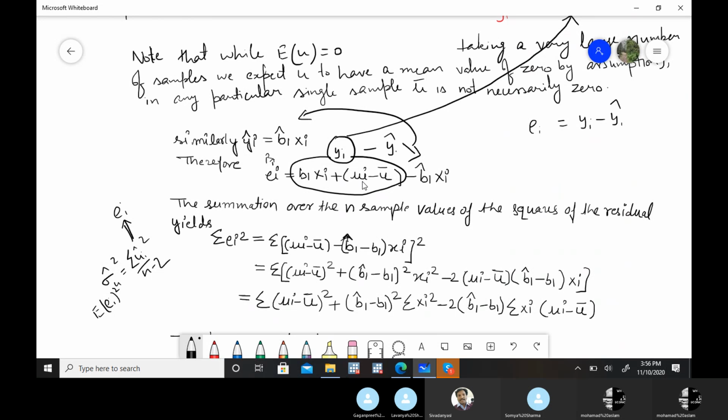If you sort out this equation, you can write it as ui minus u mean minus beta 1 hat xi plus beta 1 xi, squared and summed. This is the numerator term of the variance of residual square.